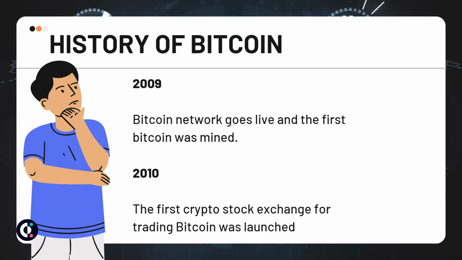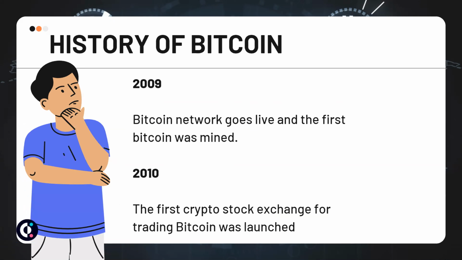In 2009, just giving a brief history of Bitcoin till date, the Bitcoin network went live and the first Bitcoin was mined. If I were to talk about mining of Bitcoin now, that is something we'll talk about in the series to come, so just follow us.